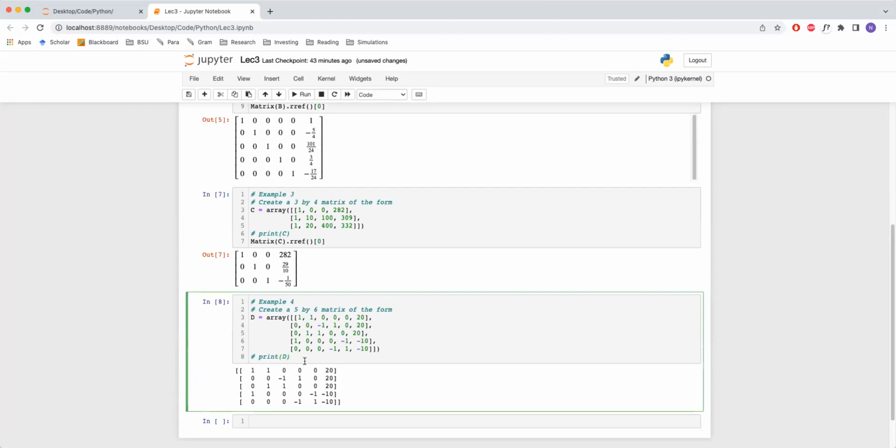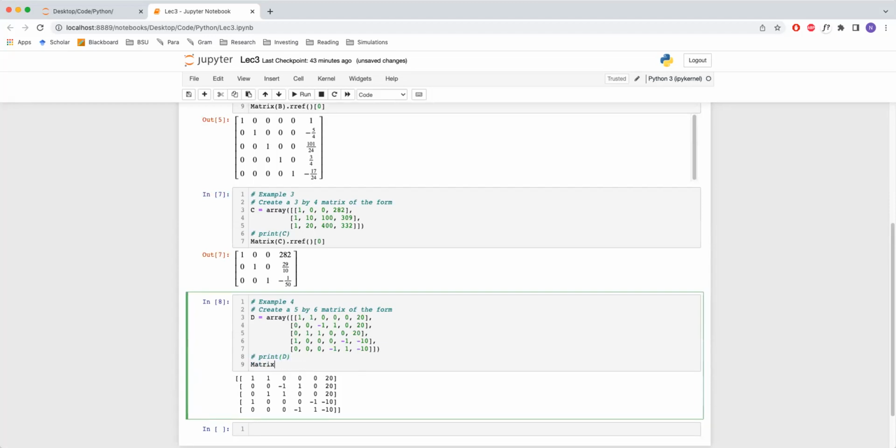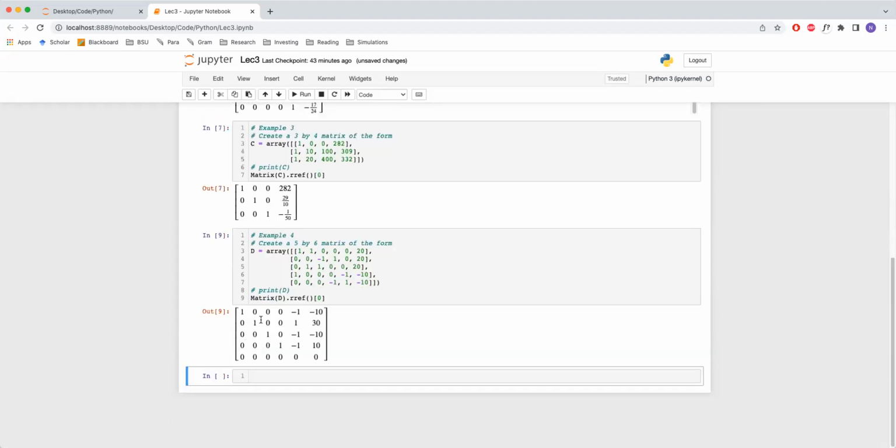So comment this out, and we can use the reduced row echelon command from Python to help with our calculations. And we see that there's some possibility here. The last row is going to be a bunch of zeros, so we only have 4 equations with 5 unknowns.